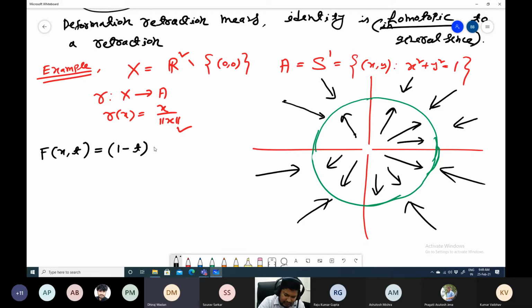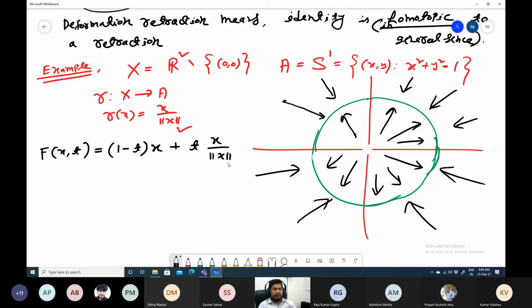So we can take (1 minus t) x plus t times r x. That means at time 0, you can put 0: F of x comma 0, the second part will be 0, so it will be the identity. And when t equals 1, then it will be only r x, right?